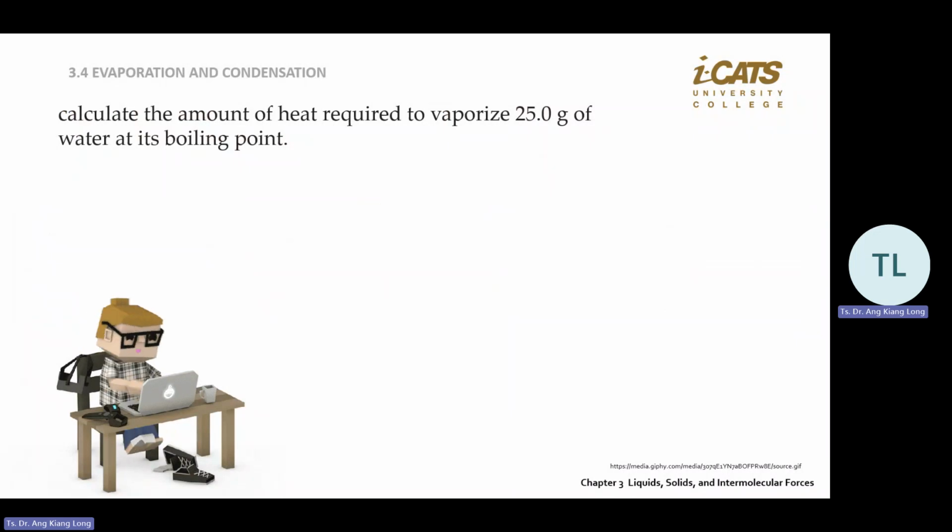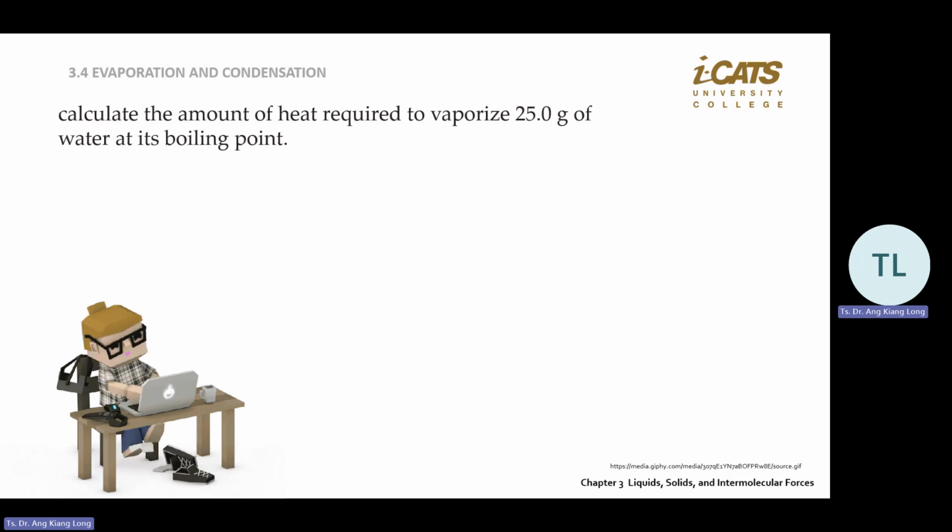Okay, calculate the amount of heat required to vaporize 25 grams of water. So in your tutorial question there, they are given a table. You need to calculate the delta H vaporization for 25 gram of water. So 25 gram of water got how many mole? You know that 1 mole of H2O, water is H2O.